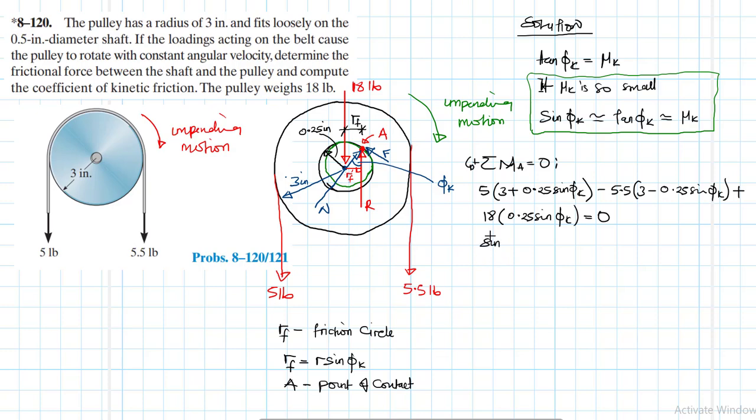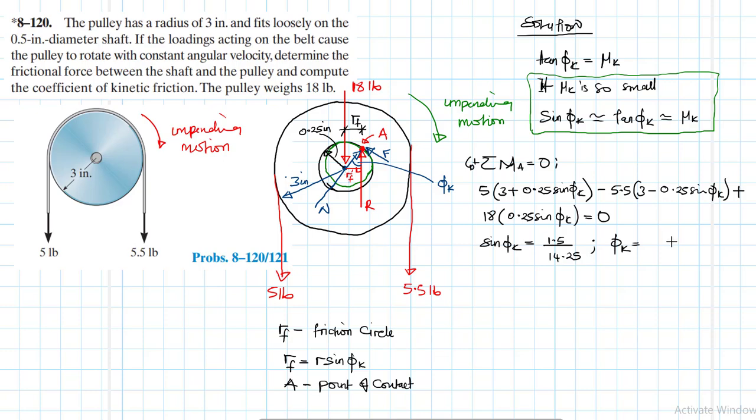Making sine phi k subject of the formula, we're going to have 1.5 divided by 14.25. Making phi k the subject, we want to find what this angle is.